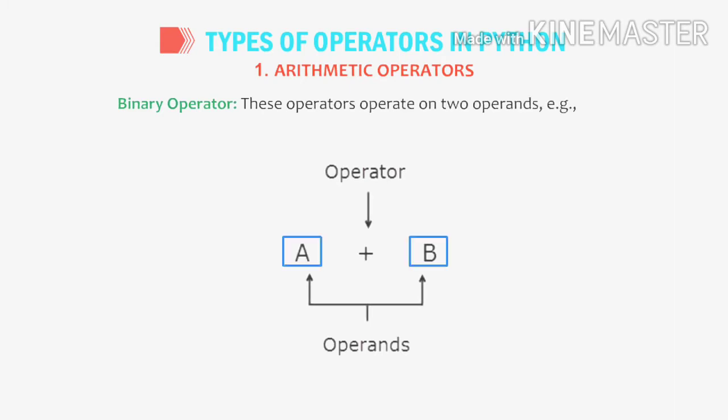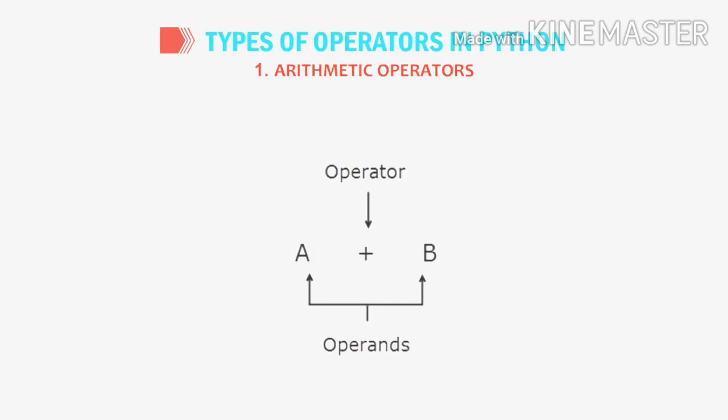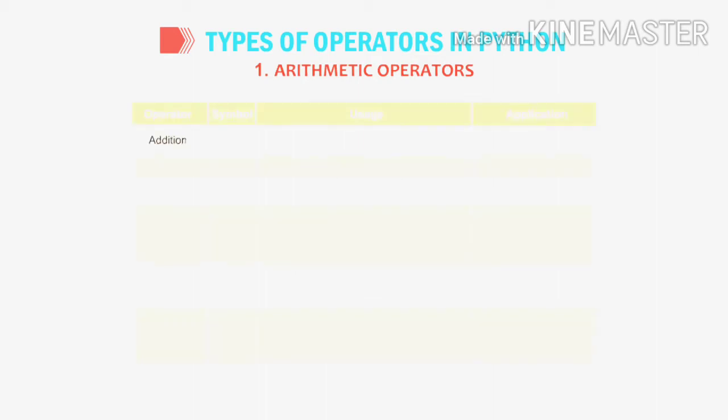This operates on two operands, that is plus, minus, multiplication, division. The binary operators can be further classified into many types. First, addition, to obtain the sum of the values.